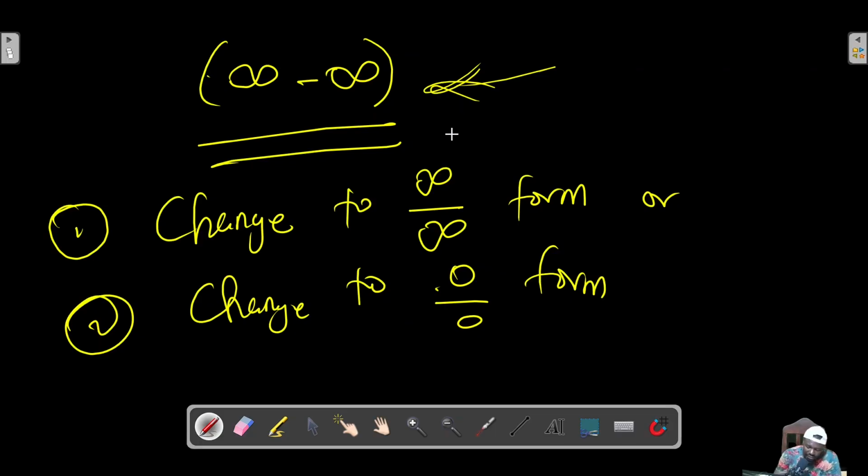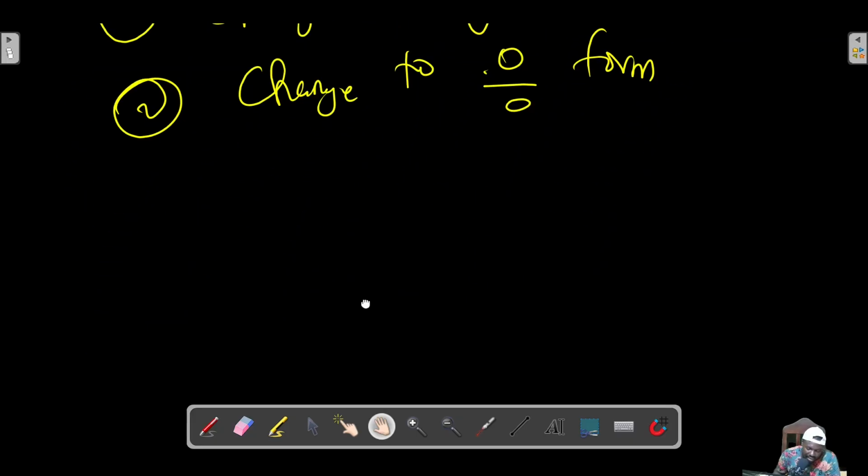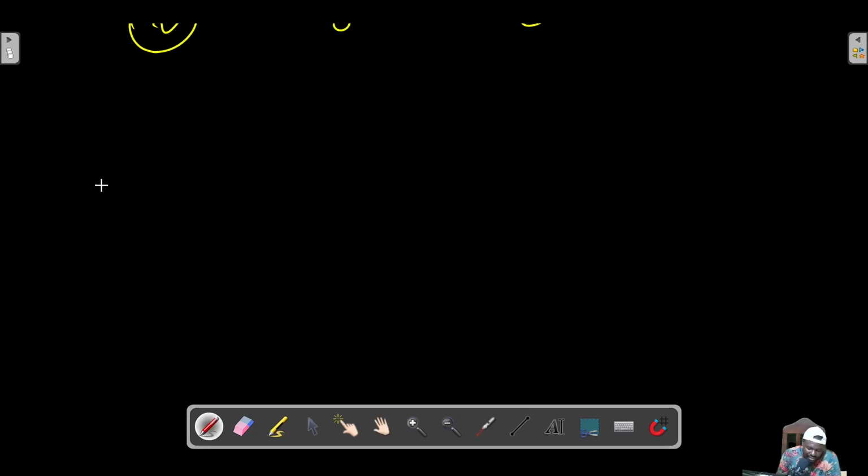And I'll give you an example. I'll show you a nice example. So if you have, say, the limit as x is approaching infinity of root of x squared plus 2x minus x.